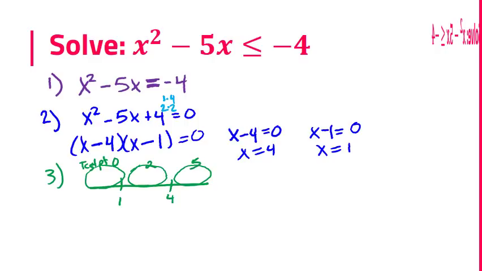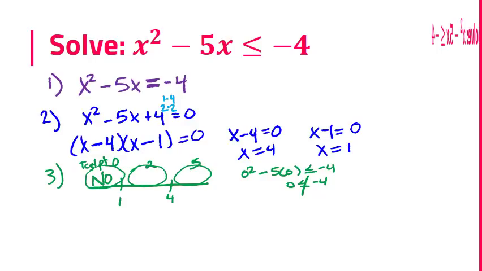So to test these, we plug them back into the original inequality. So if I test 0, that would mean I have 0 squared minus 5 times 0 less than or equal to negative 4. Well, 0 minus 0 is 0. 0 less than or equal to negative 4 is not true. So this interval is a no-go. All right? It doesn't work.